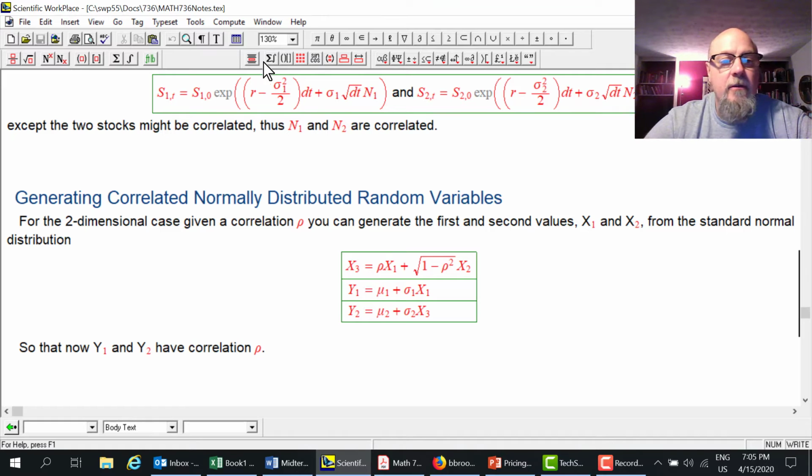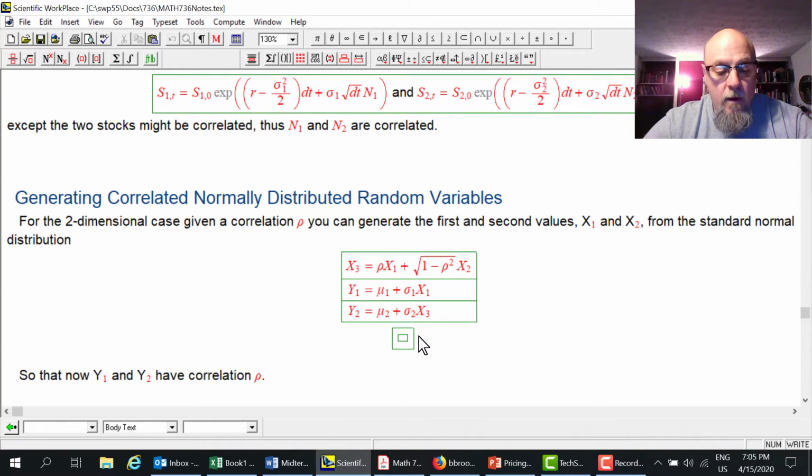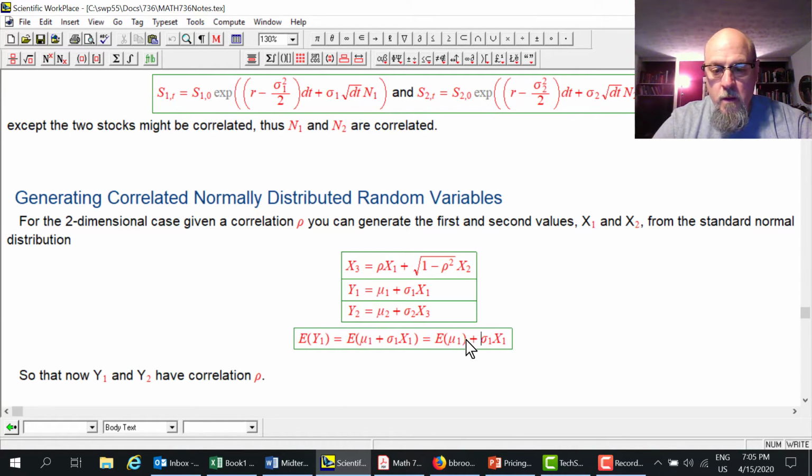So now let's do this. The expected value of y1 is equal to the expected value of, so I'm going to write this out in full instead of just talking and arm waving here. And now that's going to equal the expected value of mu1 plus the expected value.